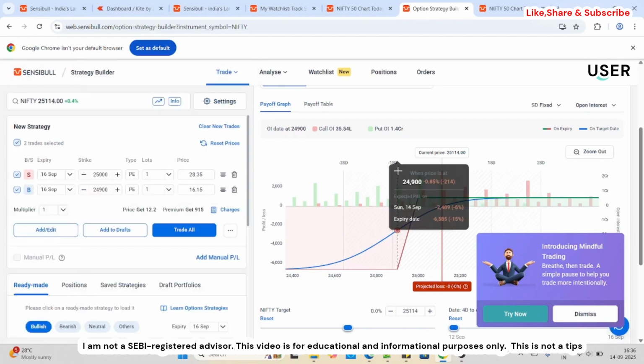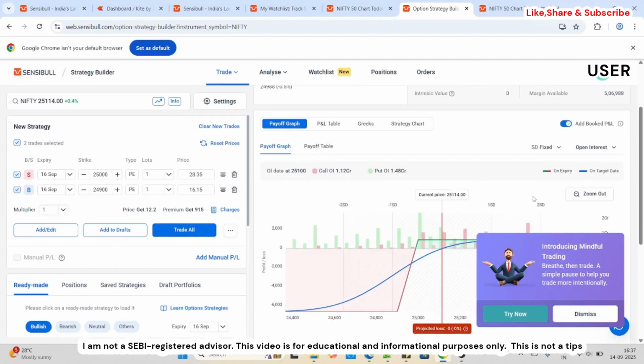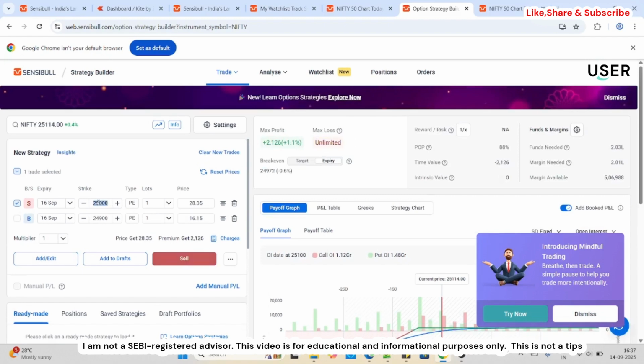Okay, you can see now my risk is capped here. My risk is only 6,000 even if it goes 1,000 points down. My wave is up, so if it goes opposite to my direction, then I'll be in a loss of only 6,000 rupees. But in the case of only a naked sell option, it is unlimited. This is the hedge position you need to think about always.